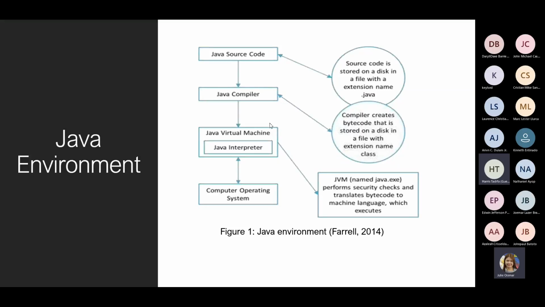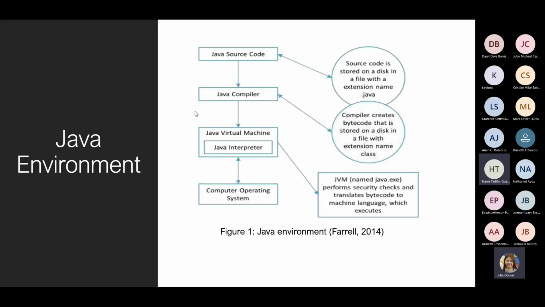So the compiler creates bytecode that is stored on a disk in a file with extension name .class. Okay, of course, it will create an extension name .class if tama ang iyong code. Wala siyang error. Syntax free kumbaga. Okay? So again, meron ka ng naka .java na file.